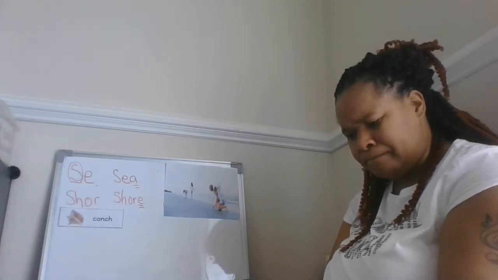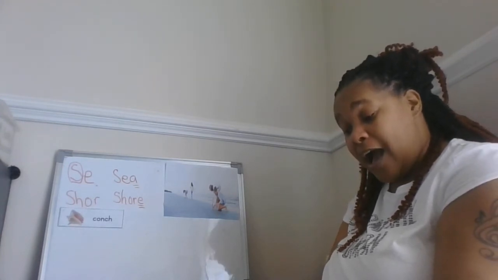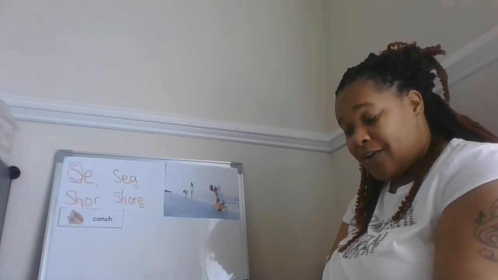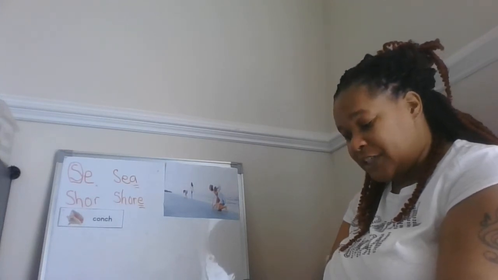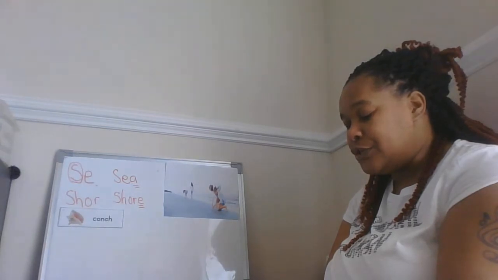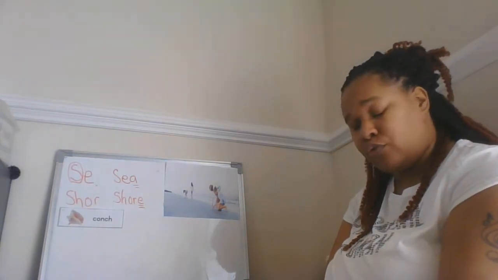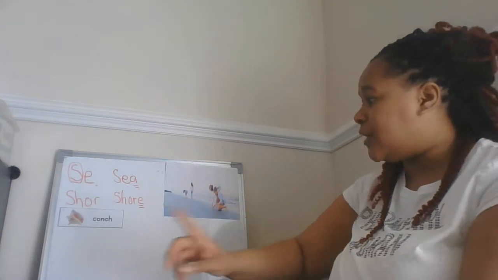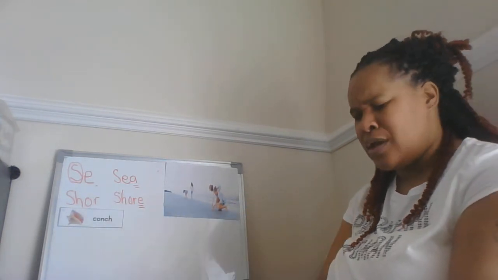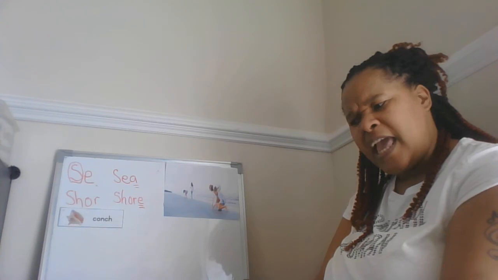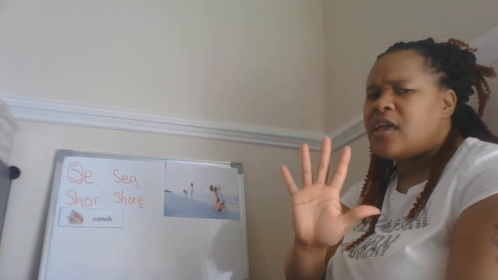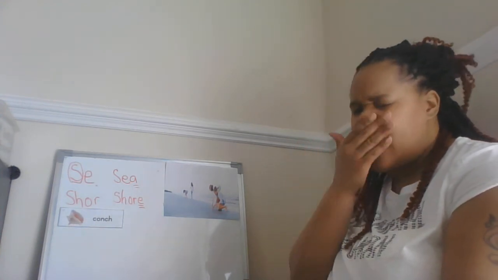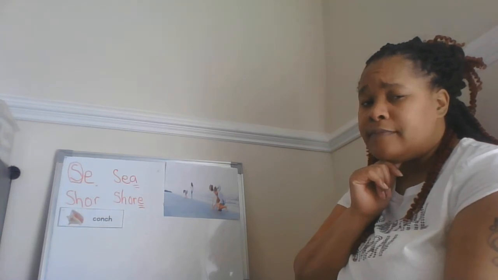Now, let's see, what else? I'm not actually a fish, and I have tiny feet to help me move across the sand or across the bottom of the seashore. What am I? And I have five hands, but I could also have more.